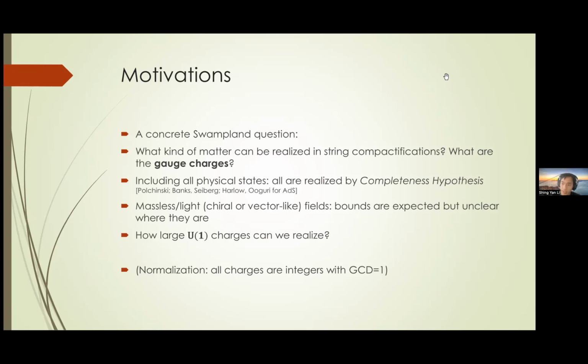This is a particularly hard problem for the following reason. But before that, I want to fix the normalization that we use, because we can always rescale our U1 charges. Our convention is that we normalize the charge such that all charges are integers, with the greatest common divisor being 1.